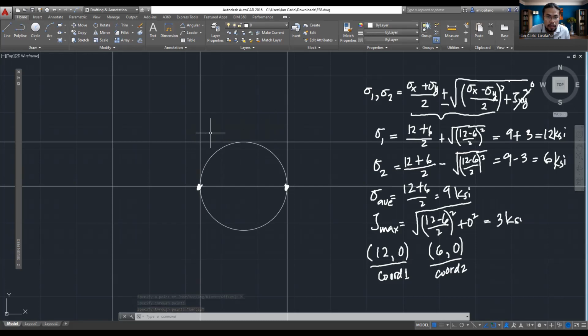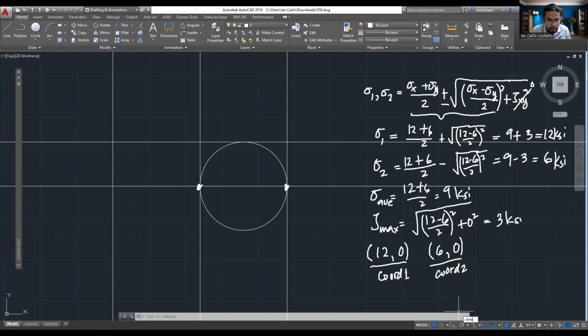The center is going to be the average of the two. We know that this is 6 and this is 12, so we get the midpoint.